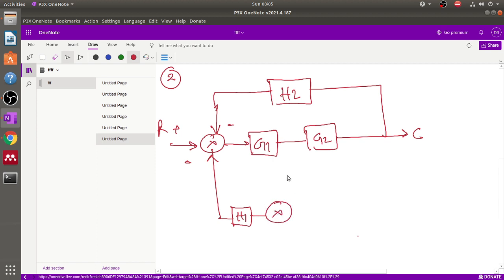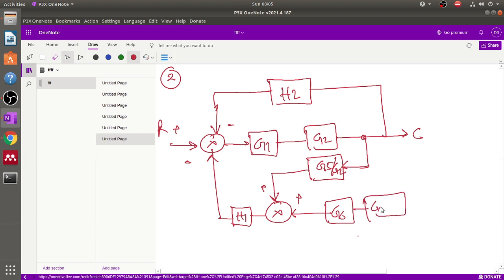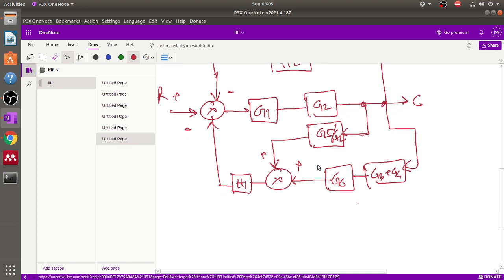Then there is another summing point. This block is now represented by G5 by G2, and the takeoff point is coming from here, and this is plus, this is again plus, this is basically G6, and this is G3 plus G4. Okay, coming from this point. So this is very easy.